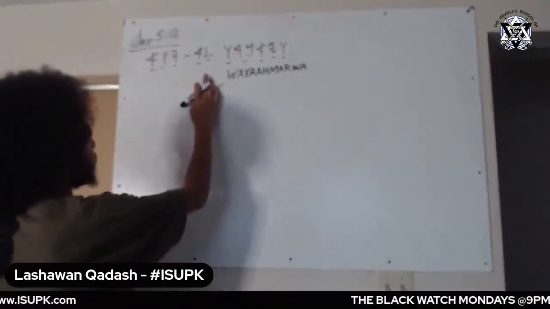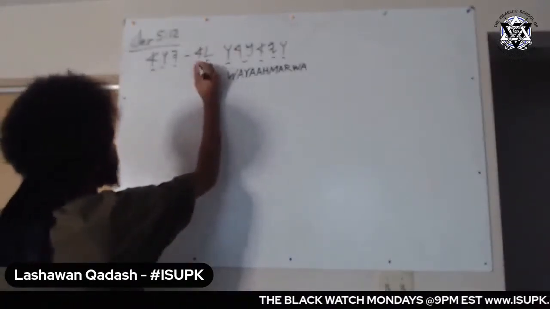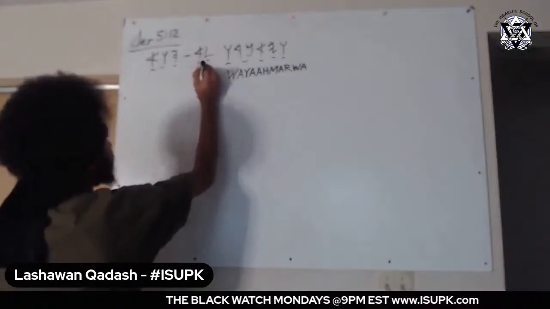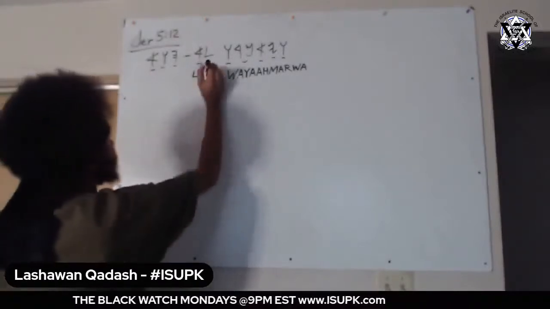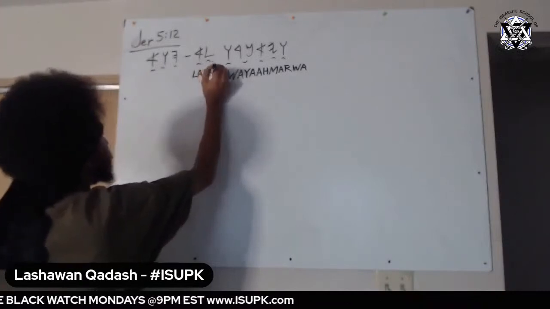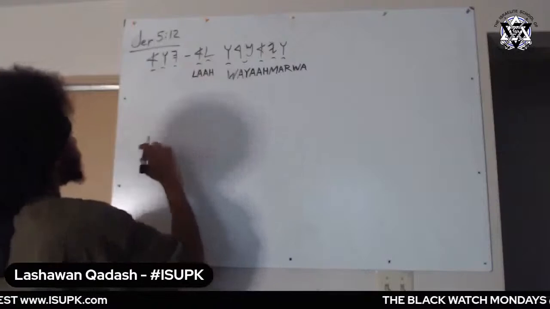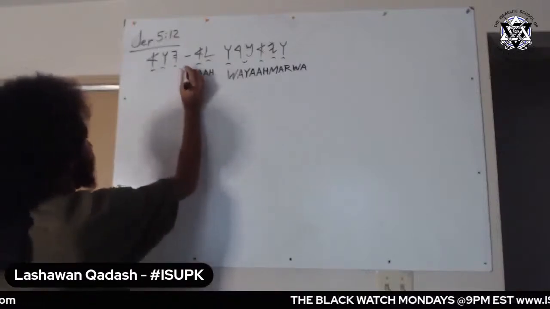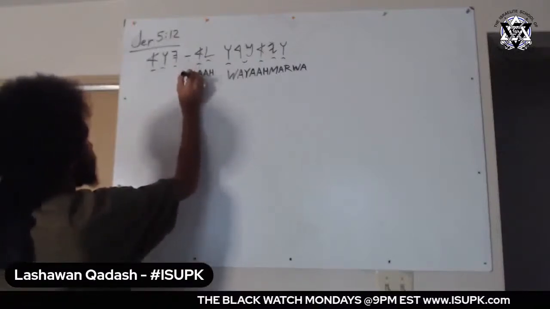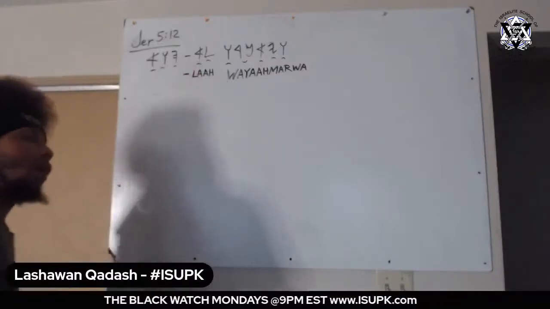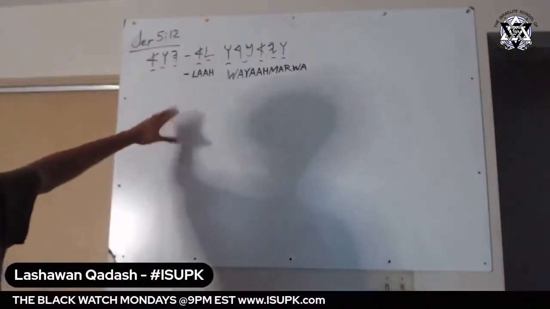Right here we have the la by itself. All right, la is how you pronounce that. And the reason why this dash is right here, it's just, in the Hebrew that's what you might see.